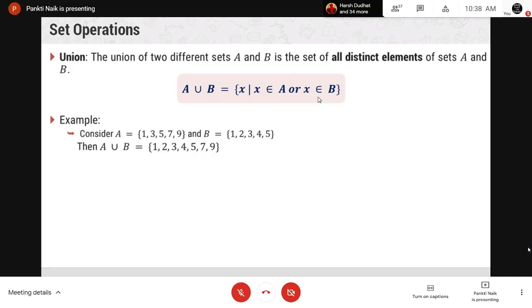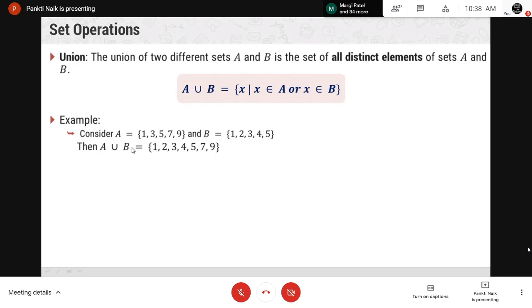Union. Okay. So the union of two different sets, A union B, is equal to {X such that X is an element of A or X is an element of B}. બંને બેમાંથી એકનો પણ જો member હોય then it will be there in A union B. So consider A is equal to {1, 3, 5, 7, 9} and B is equal to {1, 2, 3, 4, 5}.